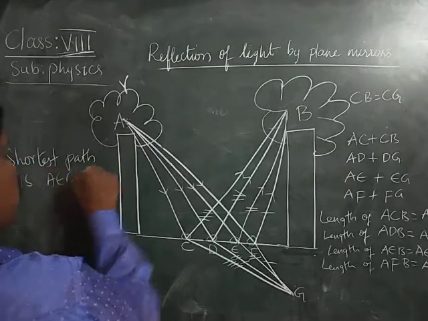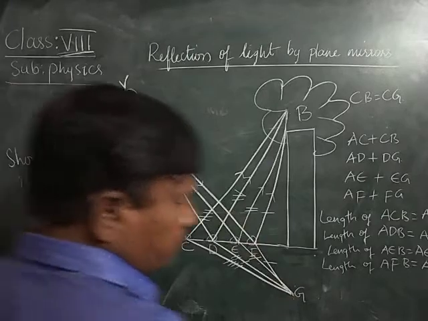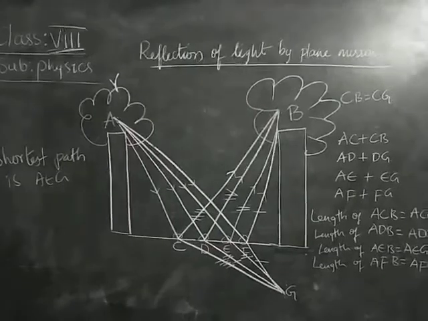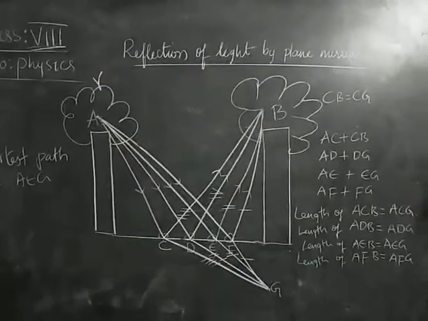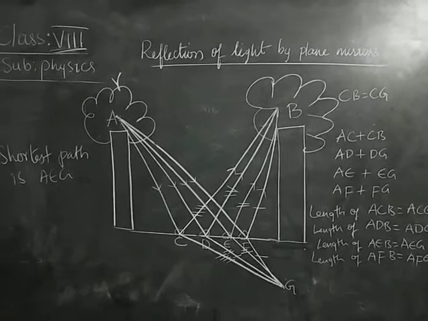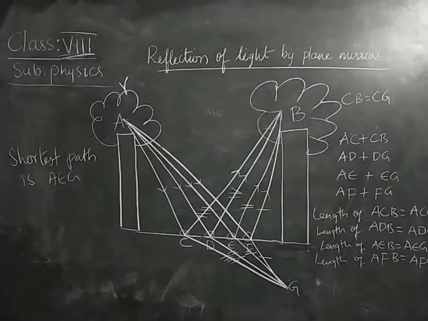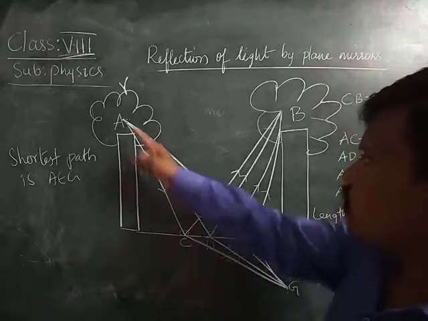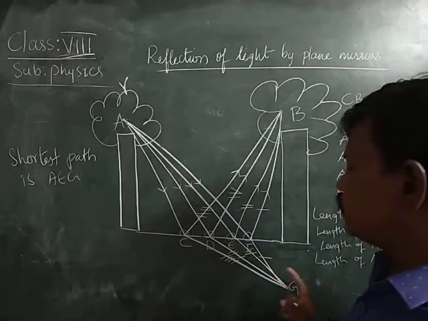Why? Because it is passing in a straight line. Children, it is passing in a straight line. Therefore, the path in which it travels the least is AEG.